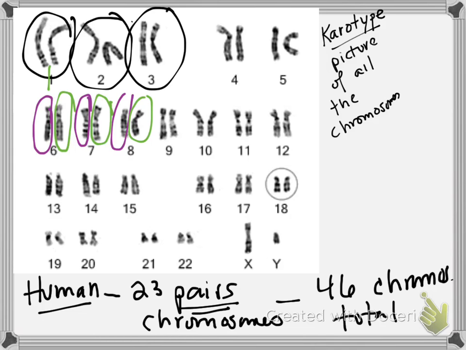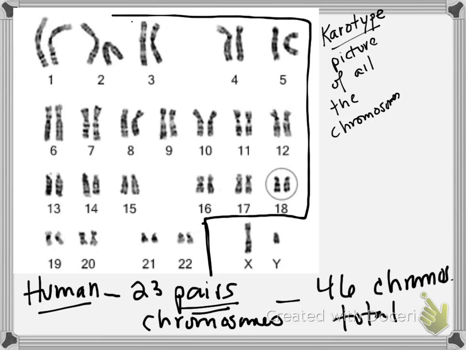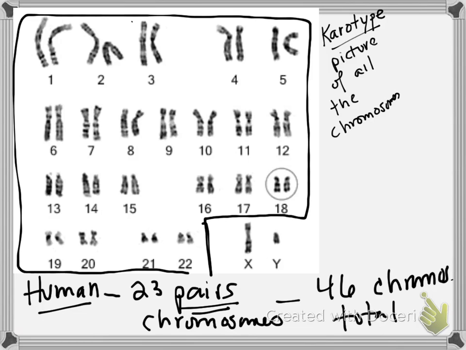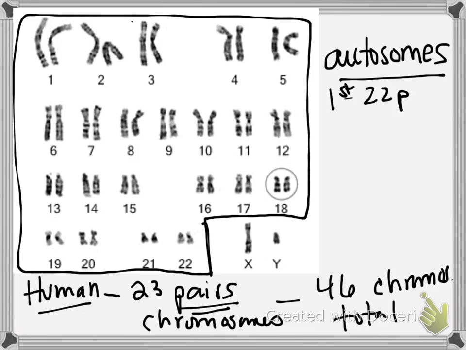Now, the first 22 pairs of chromosomes have a special name. They are called autosomes.